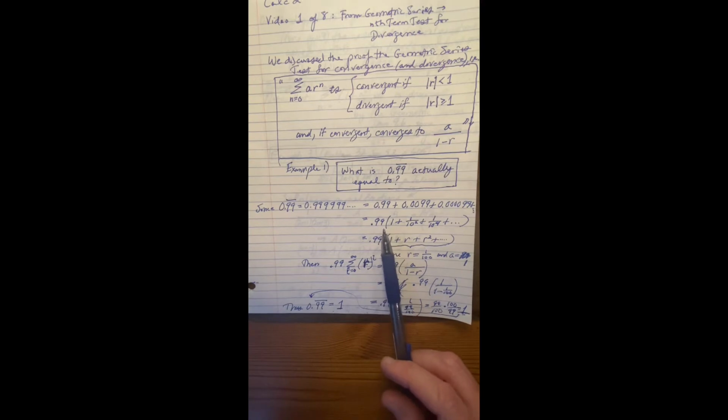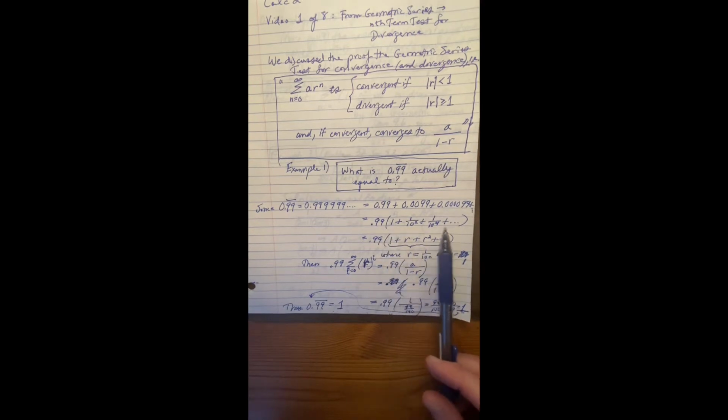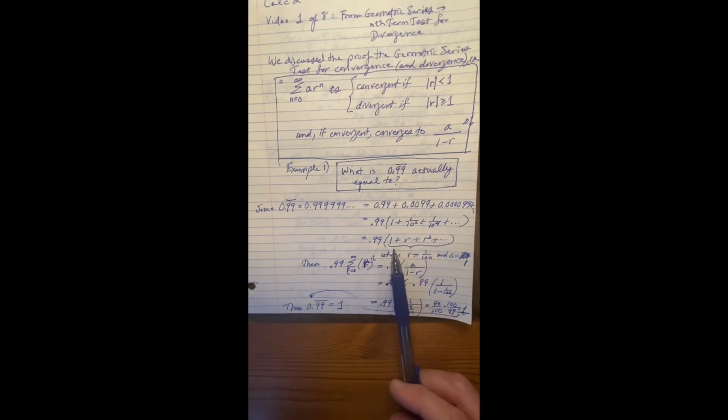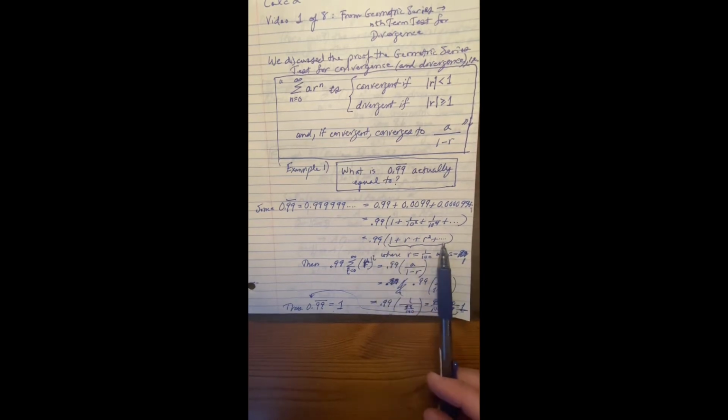And we can factor out a 0.99 there. That leaves 1 plus 100th plus that 100th squared, plus and so on. In other words, if r is equal to 100th, then 0.99 is multiplied by this geometric series. And since r is equal to 100th and a is equal to 1, it will converge to a over 1 minus r with those values.